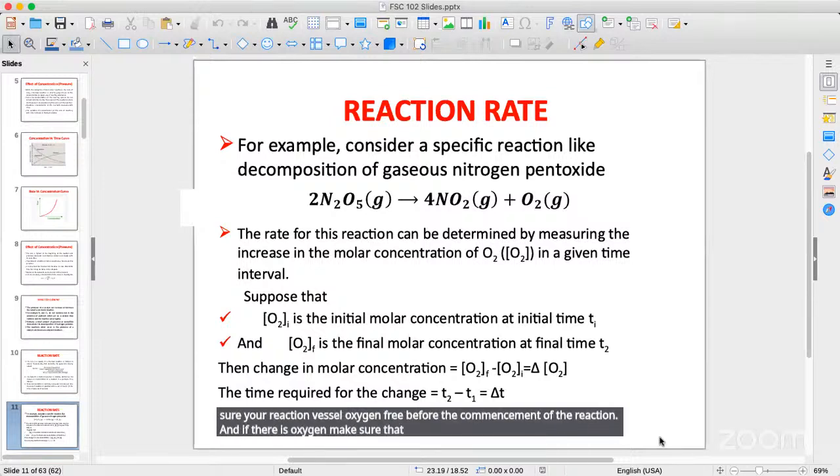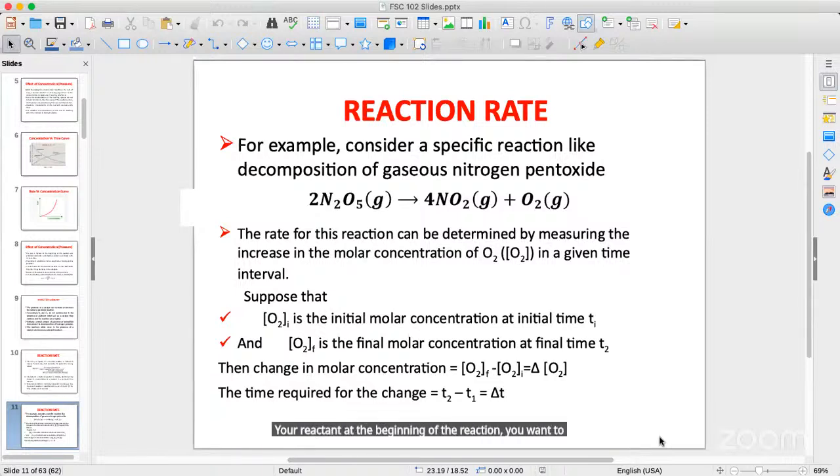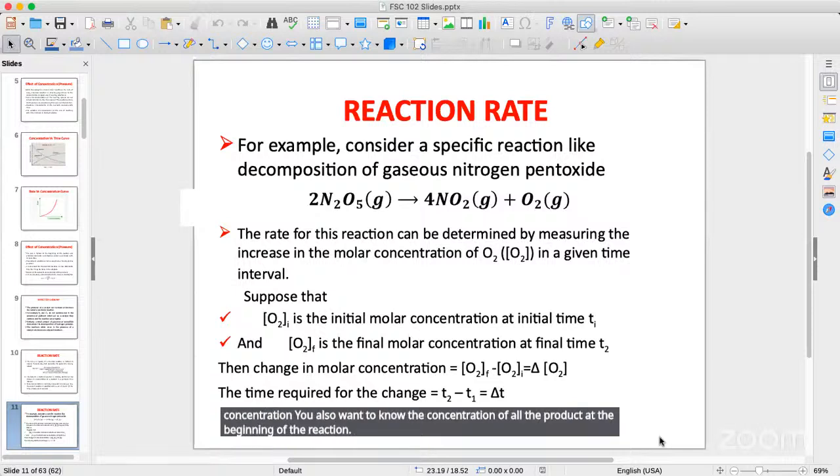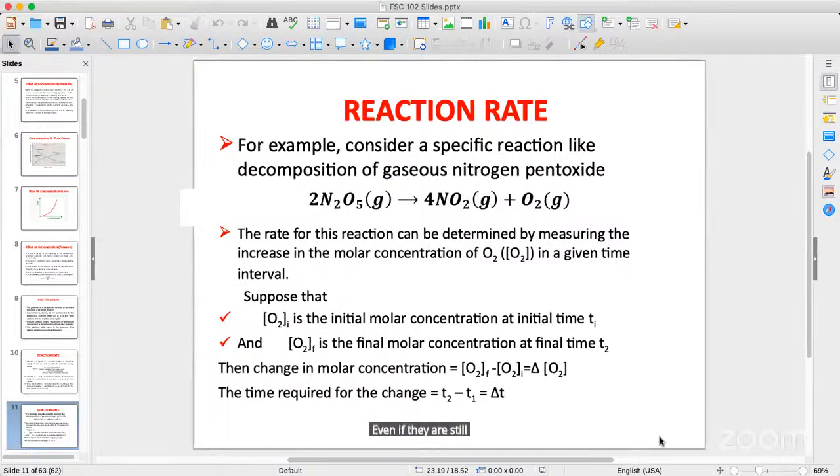That means you want to measure your reactant at the beginning of the reaction. You want to know the concentration. You also want to know the concentration of all the products at the beginning of the reaction, even if they are still going to be 0.